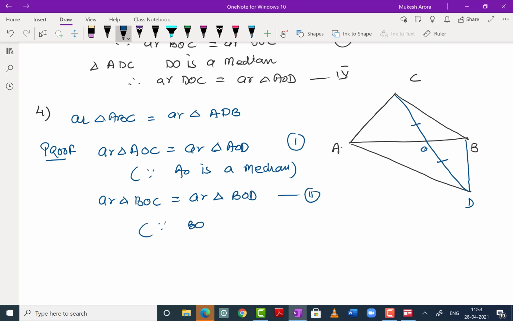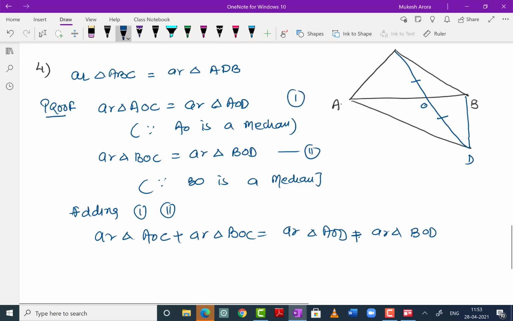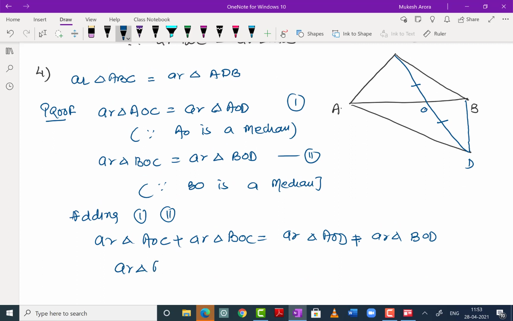Reason: BO is a median. Adding 1 and 2, area of triangle AOC plus area of triangle BOC is equal to area of triangle AOD plus area of triangle BOD. So it will become area of triangle ABC is equal to area of triangle ABD. Hence proved.